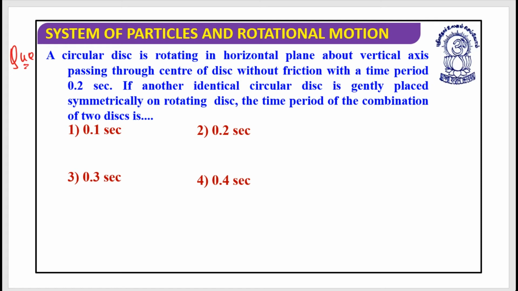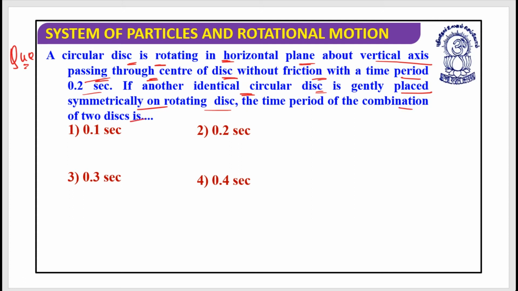The next question says that a circular disc is rotating in a horizontal plane about a vertical axis passing through the center of the disk without friction, with a time period of 0.2 seconds. If another identical circular disc is gently placed symmetrically on the rotating disk, what is the time period of the combination of the two disks?